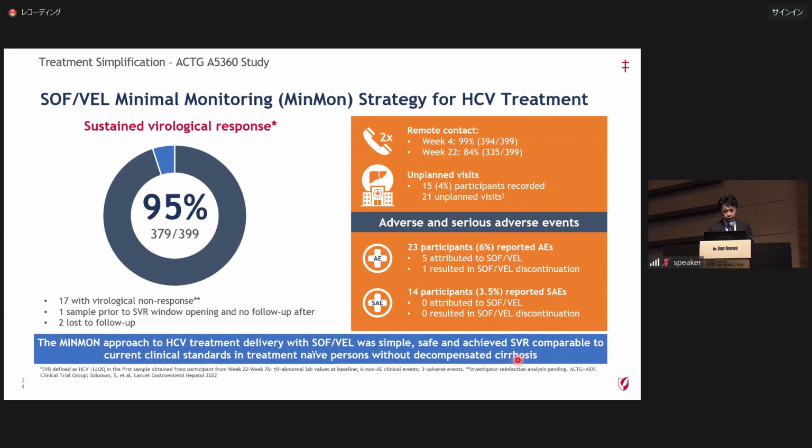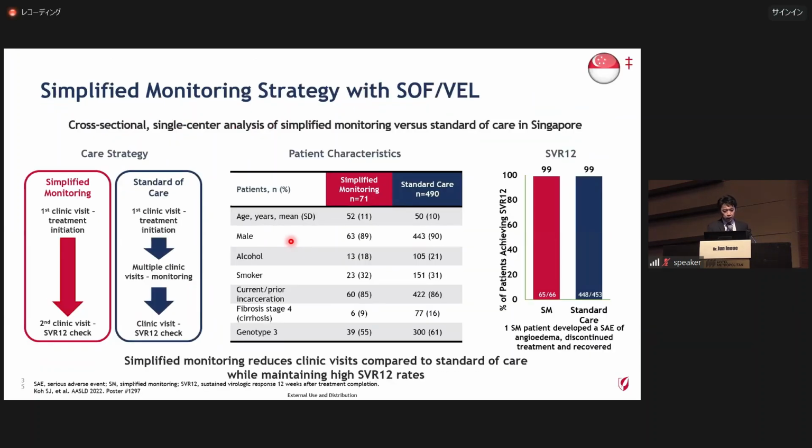As a result of the strategy, 95% SVR was achieved. So such a simple strategy is effective. Also, in Singapore, such simple monitoring was tried.